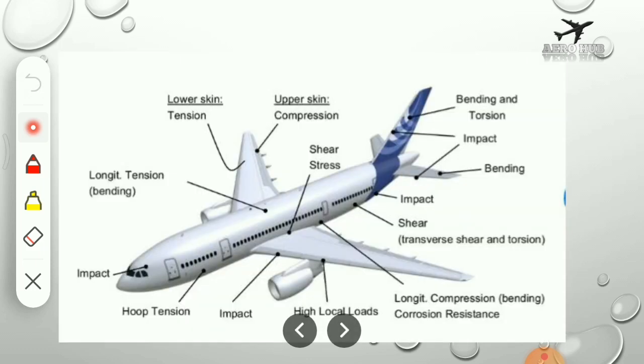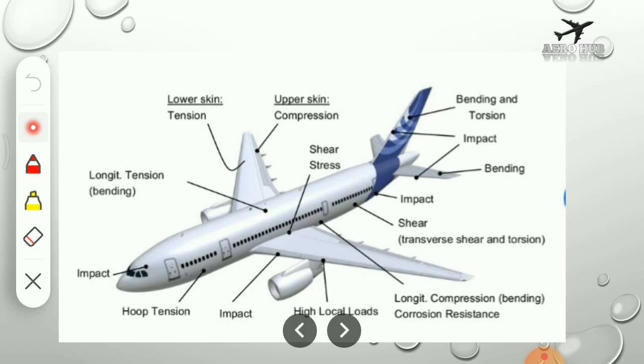Now we will see a general overview of different types of stresses acting on an aircraft. As you can see in the figure of a commercial transport aircraft, at the nose section the main type of load acting is the impact load, especially on the radomes, which are very prone to bird strikes. You might have seen many videos where bird strikes occur on the radome and also the engine.